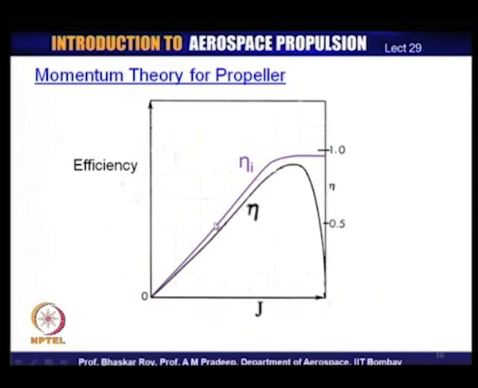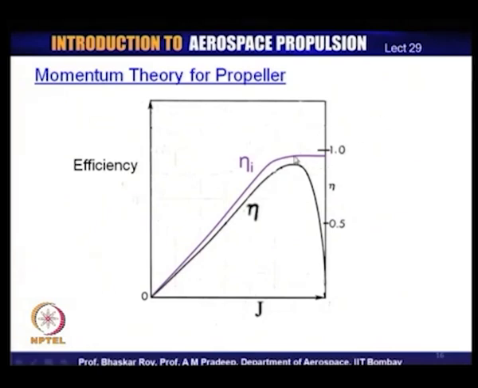The first thing you see is the induced efficiency would always be a little higher than the actual efficiency of the propeller, whether it is estimated through any other means or experimentally acquired, and that extra efficiency comes out of the simplified model that we have used in the momentum theory.